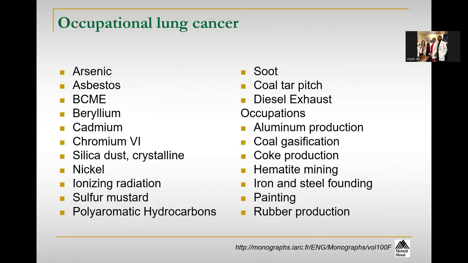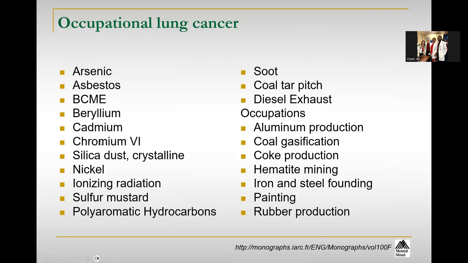So here are the causes of occupational lung cancer. I won't have time to review them. I distributed an article with the review of the occupational lung carcinogens according to the International Agency for Research on Cancer. And you can see that asbestos and silica are here.